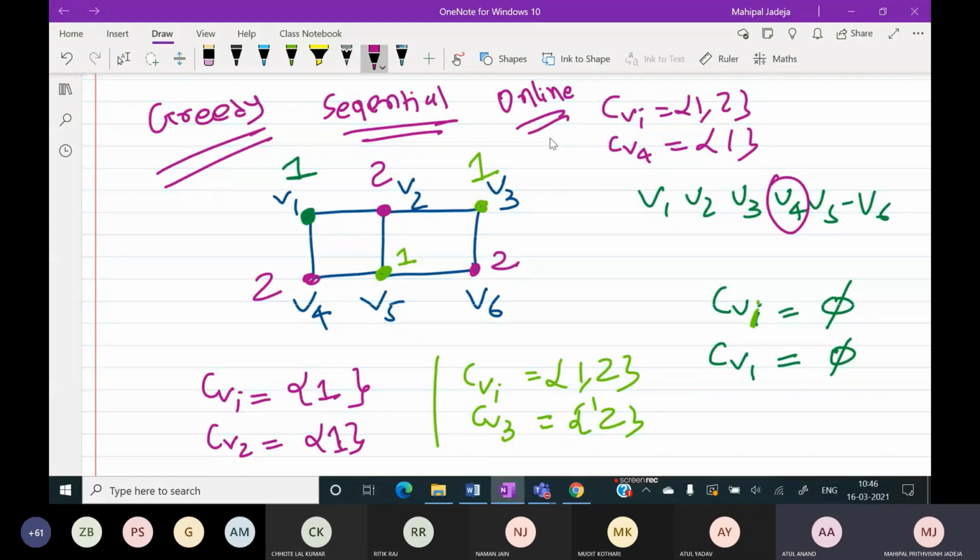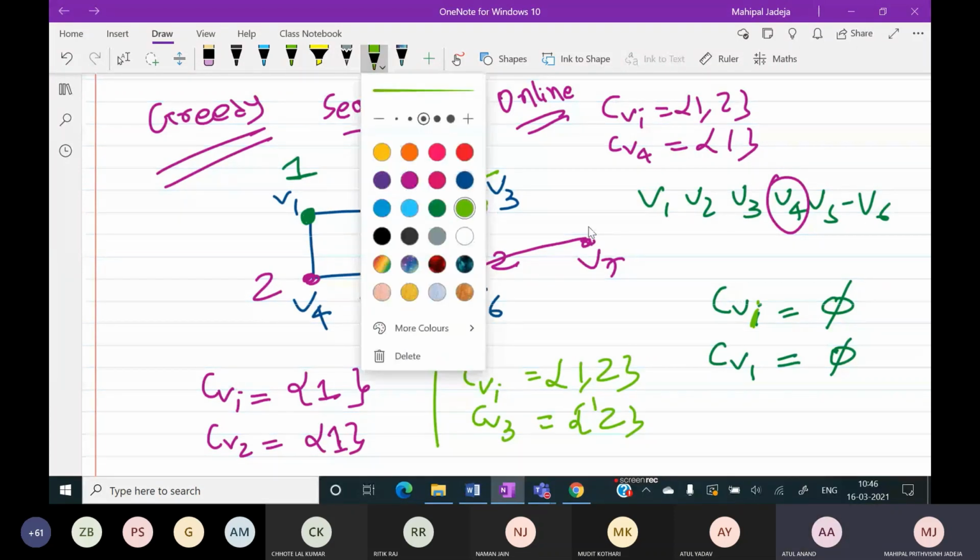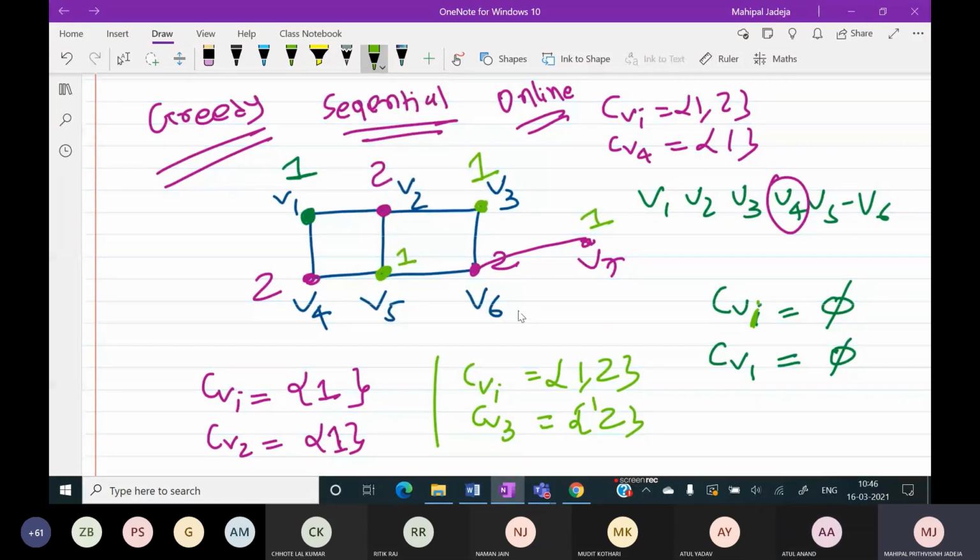Here, if a new vertex comes, let's say V7, then without compromising this coloring, you can color V7. Let's say V7 is connected only with this vertex V6. Then I can directly color it with color 1. If it is connected to both of these, V3 as well as V6, then I will choose one new color, color 3.